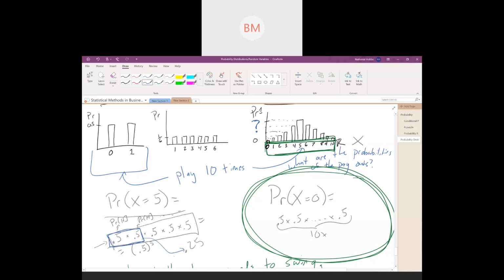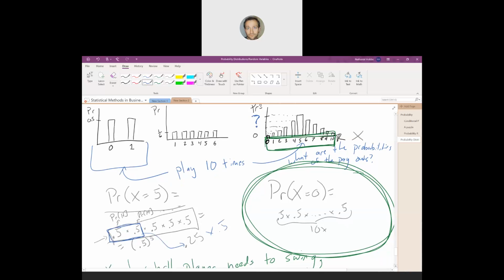Right. So what happens if you multiply 0.25 times 0.5? No, like what would the number be? 0.125. Okay.